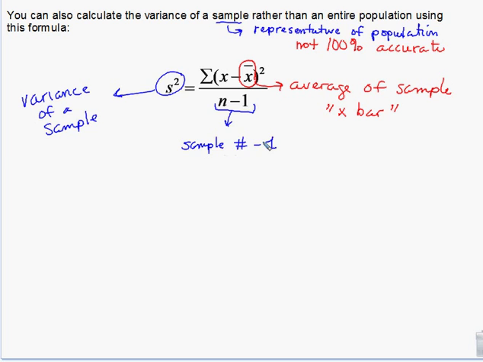But it does give us a slightly different result, because instead of dividing by, say, 10, we would be dividing by 9. So it's the sample number minus 1, not the total number. However many people you used in your sample, which is the same thing as your total. It's just the total of your sample instead of the total of your population, if that makes sense.